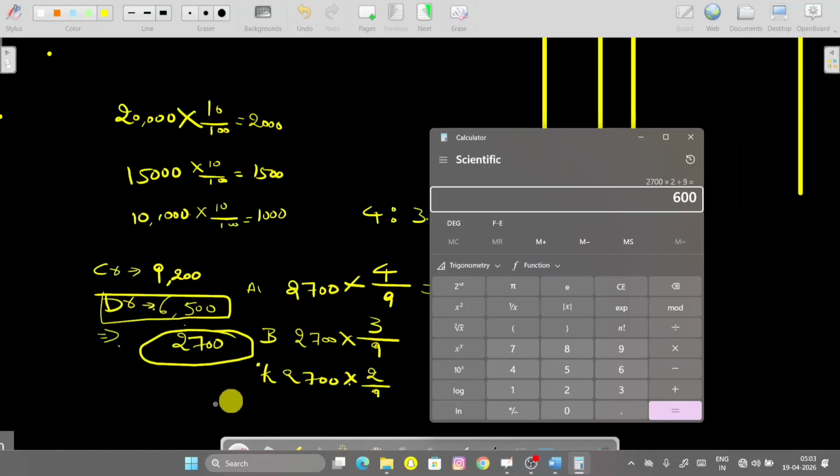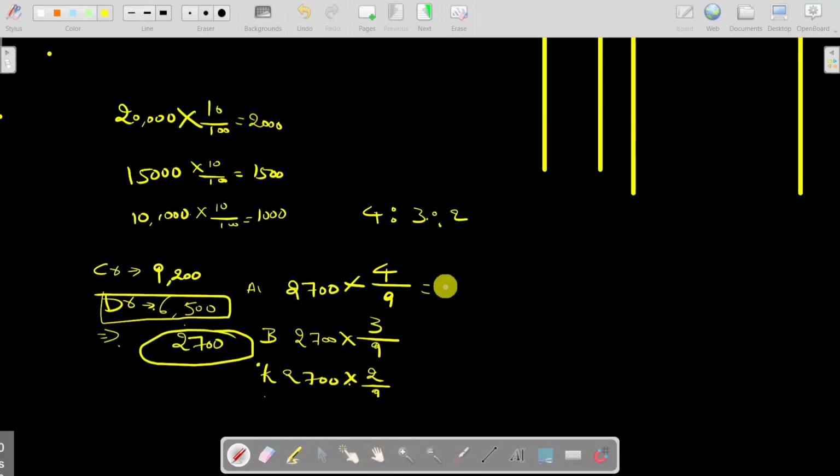That's all. This is 1,200, this is 900, this is 600. So we have to divide these profits among the partners.